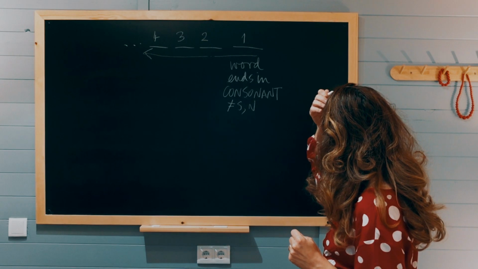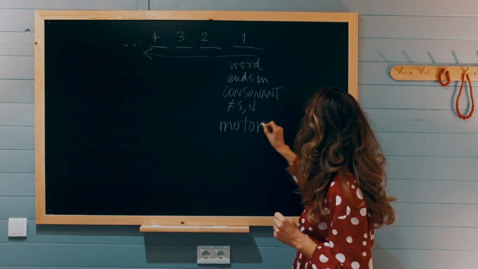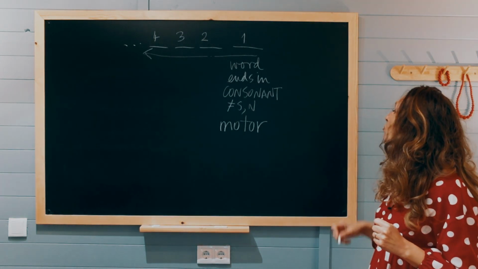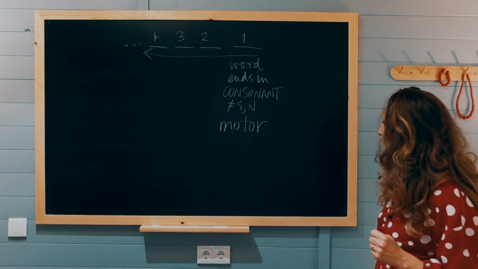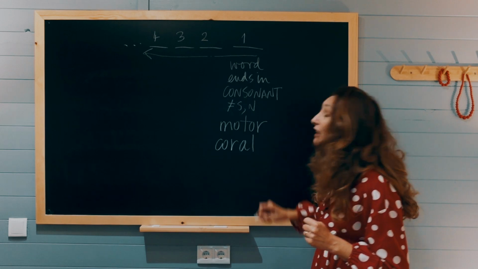For example, motor. Okay, this is an easy one to understand. A motor, motor in Spanish. Another easy one to understand, coral.